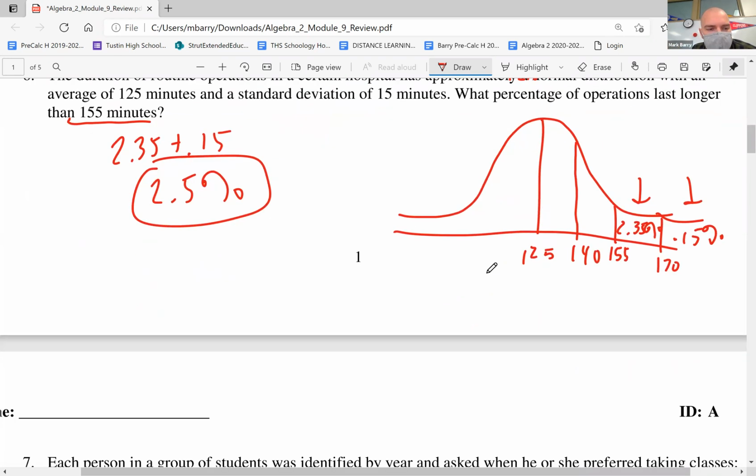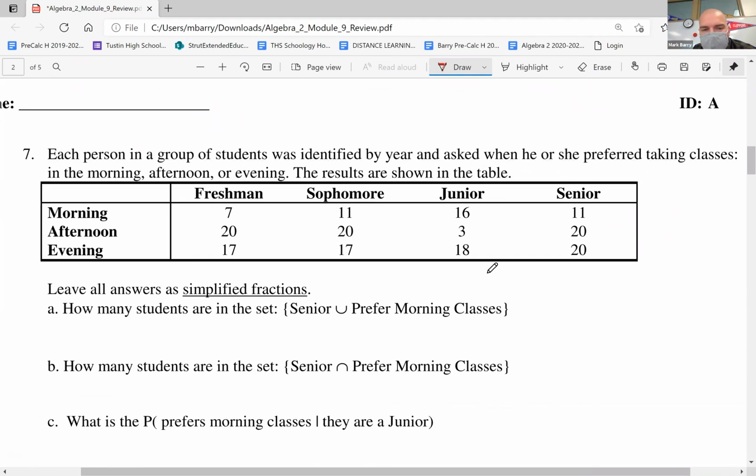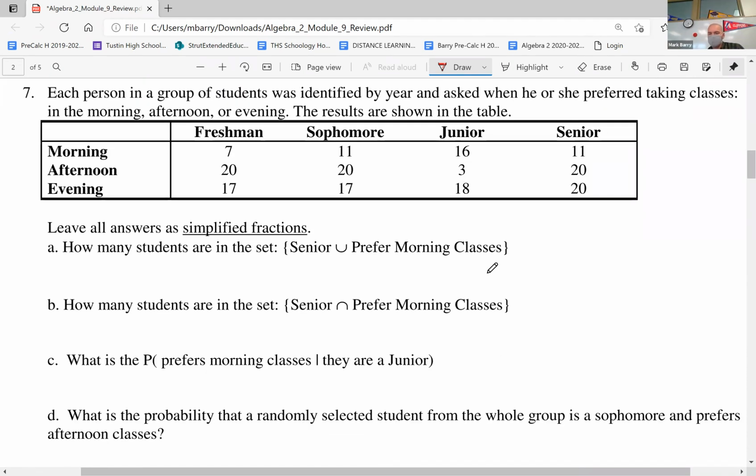All right, let's go on to number 7. Number 7's like the 7-parter here.